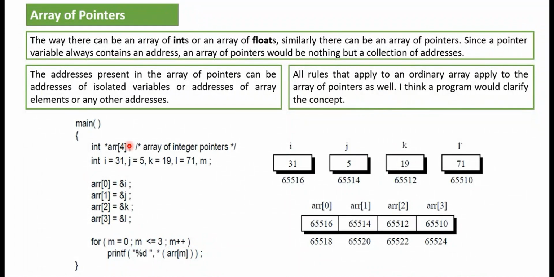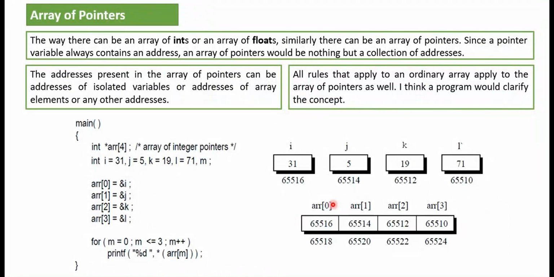So basically the output will be the addresses of i, j, k, l that are stored in this array arr. Now you will see it contains the addresses of i, j, k, l, that is 65516, 14, 12, 10.